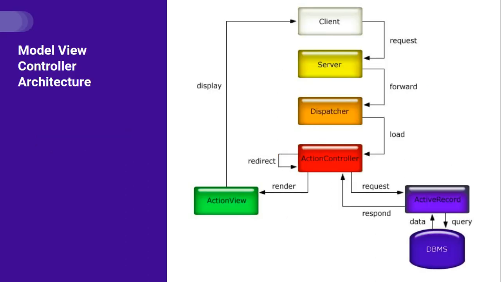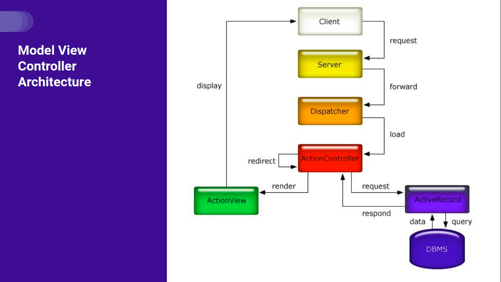In the diagram, you can see this is the MVC diagram. You can see here Active Record, Action Controller, and Action View. Active Record represents the model, Action Controller represents the controller, and Action View represents the view. The process starts from the client. Whenever a client makes a request, you can understand the client as the browser here.